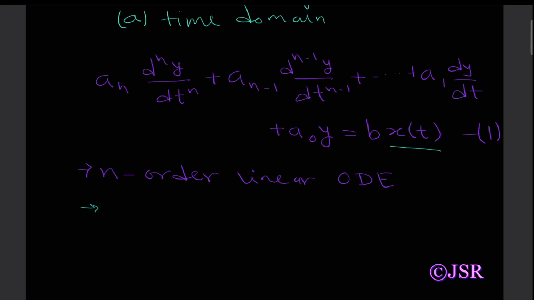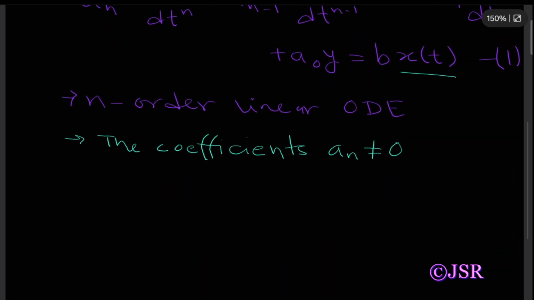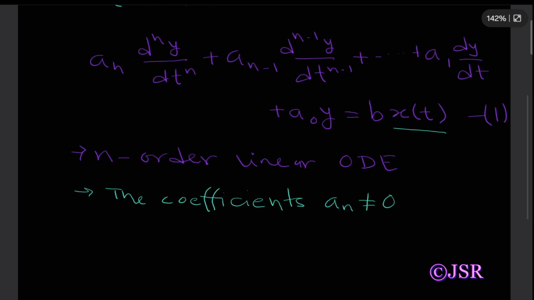So let's assume that the coefficient a naught is not equal to 0. So in that case, first make this coefficient as 1.